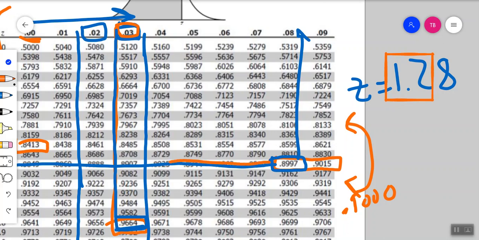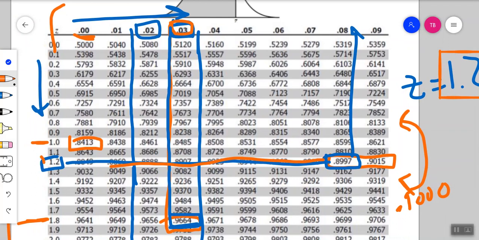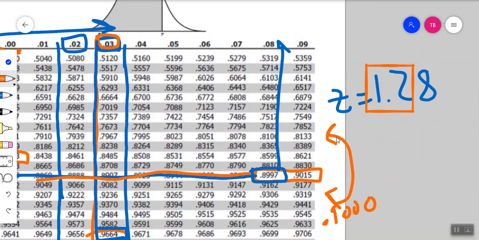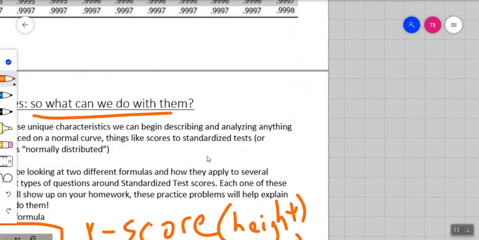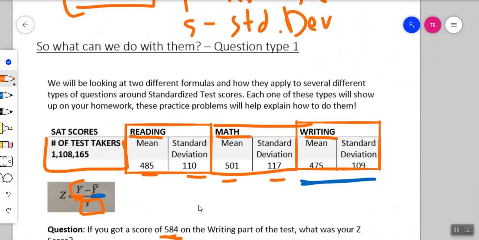You go this way for your first two, find that 1.2, and plug that into your square here. Then you go up towards the last one to get the third number, 1.28. So now we know, because we looked up something closest to 90%, that a z-score of 1.28 is what we want to put in. So take that 1.28 back down to our question.